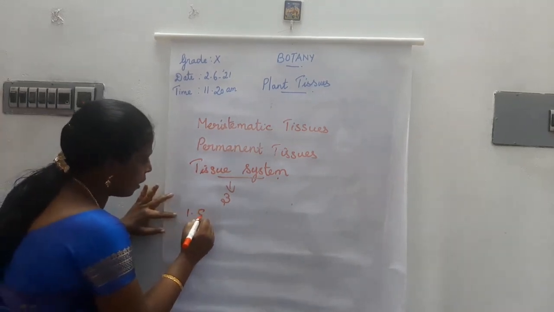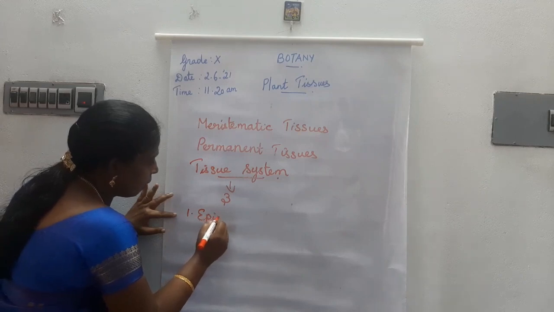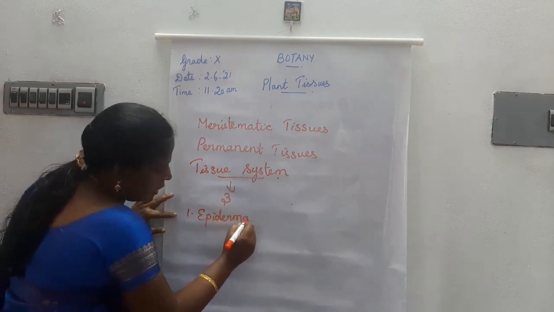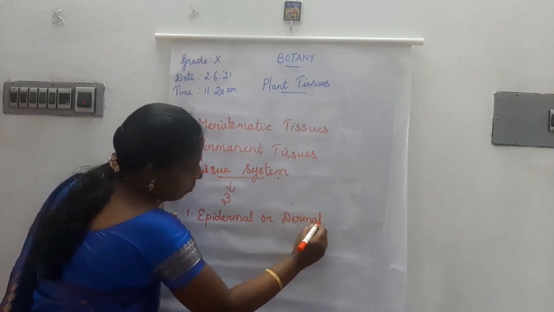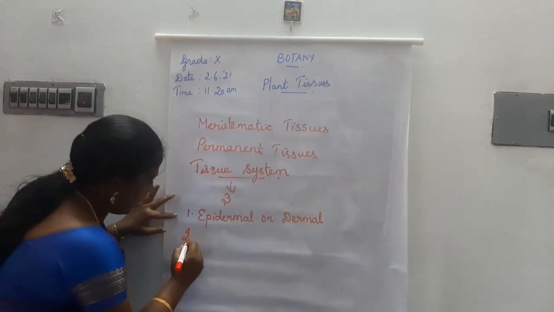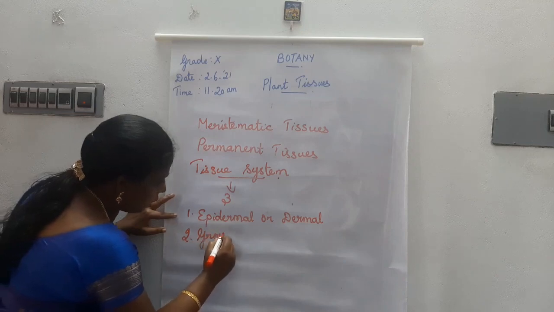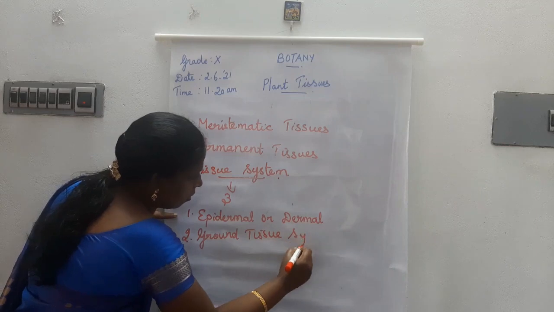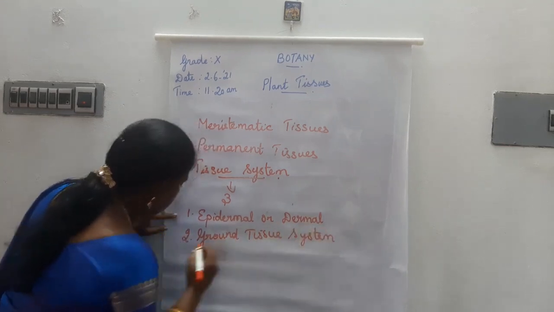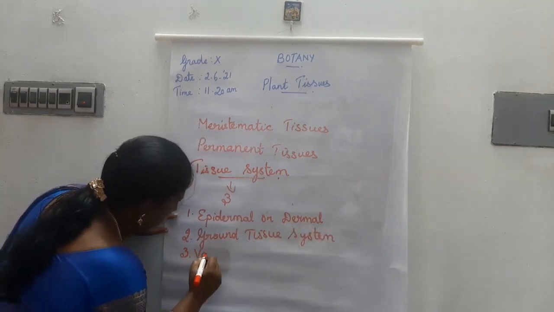The first one is epidermal or dermal tissue system. Second one is ground tissue system. Third one is vascular tissue system.